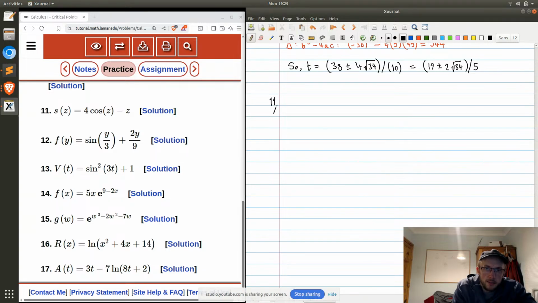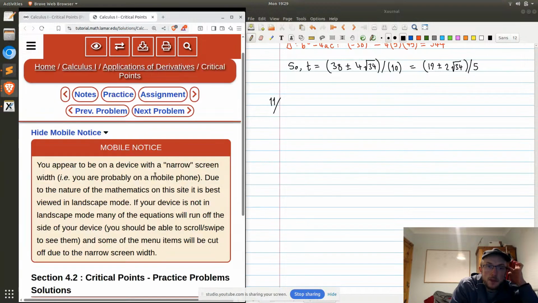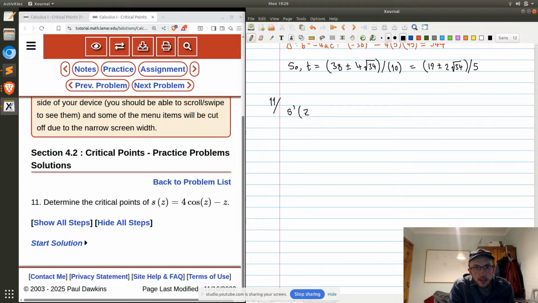Problem 11. Determine the critical points of S of z, where S of z is equal to 4 cosine of z, all minus z. Sometimes I say z, sometimes I say z, just to keep myself on my toes. So S prime of z.